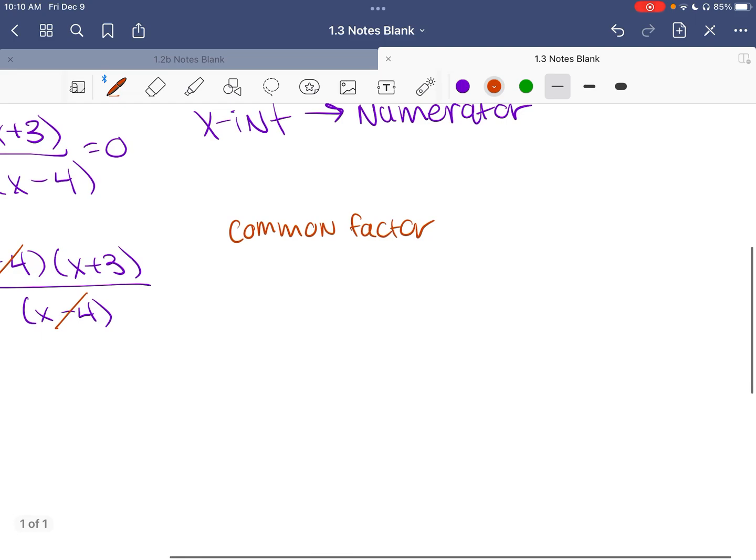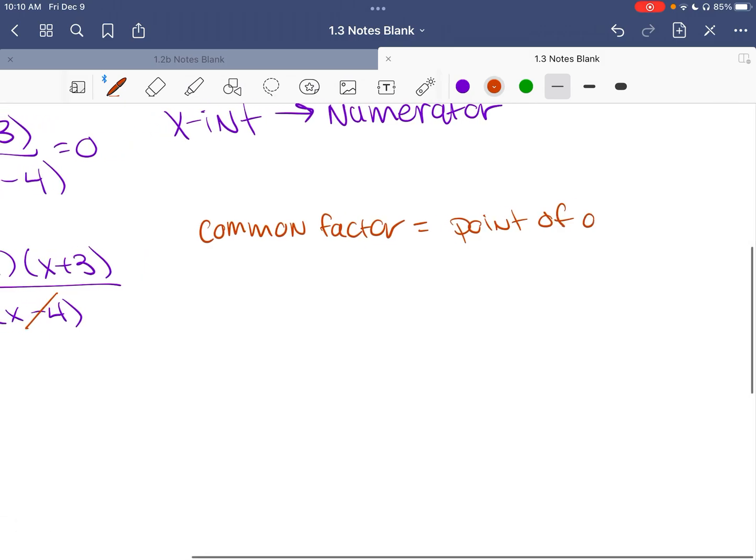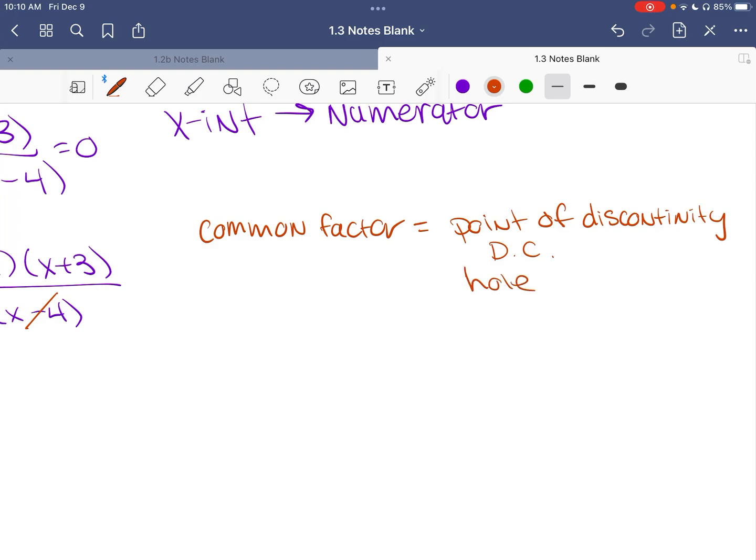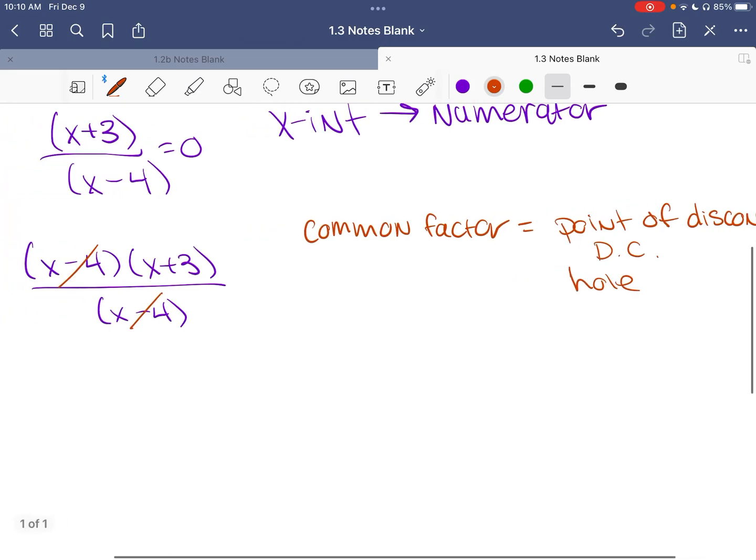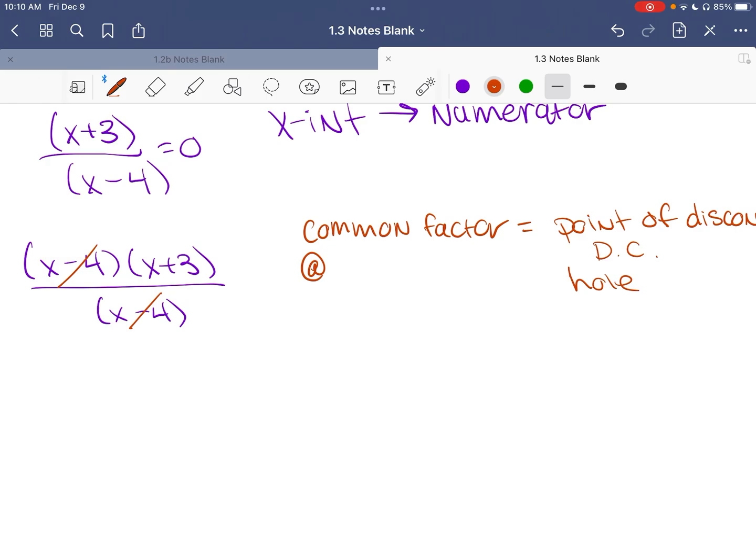A common factor is a point of discontinuity, which we're going to either use as a DC, discontinuity. Its fancy name is a hole. So in this case, we would have a hole in our function at x is equal to 4.